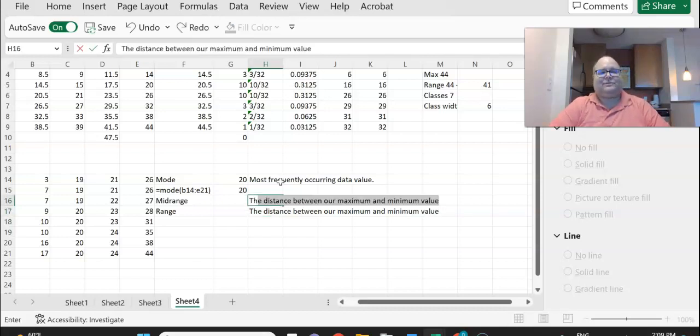Where mid-range is the value which falls halfway between our maximum and minimum value.